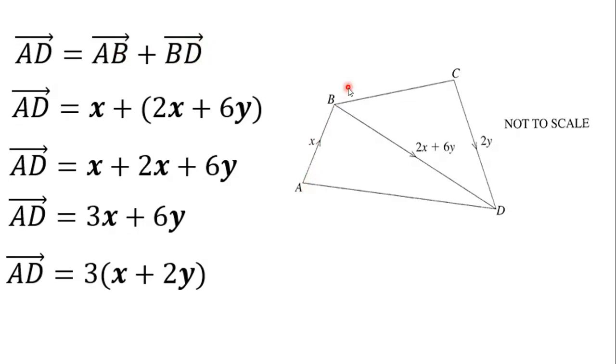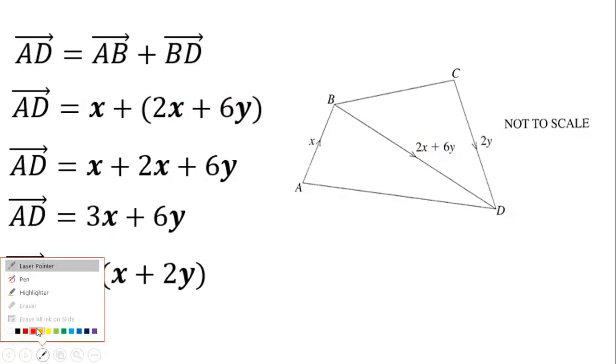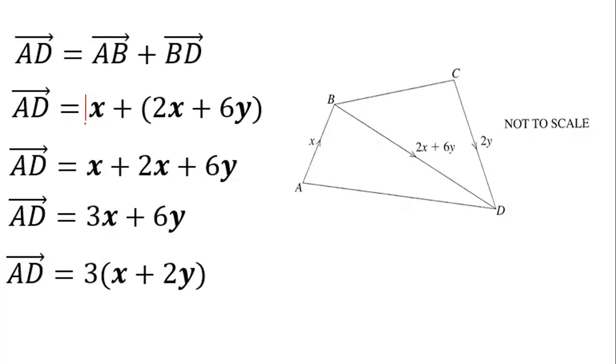But what is AB? Well, AB is equal to X. And what is BD? Well, BD is equal to 2X plus 6Y. Now let us group our like terms together. So we have X here, and we have 2X here. Let's combine them. And then we have 6Y right here by itself.